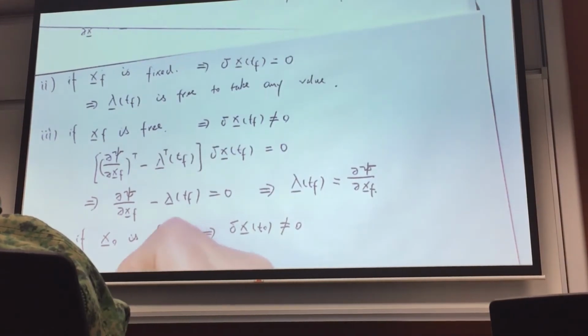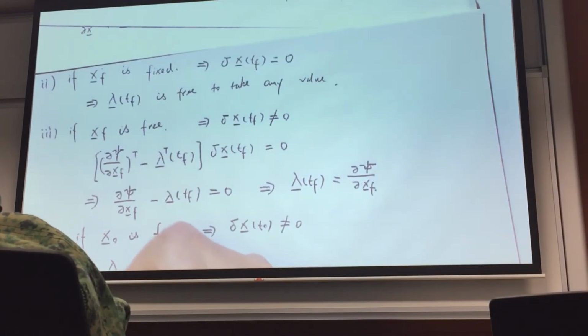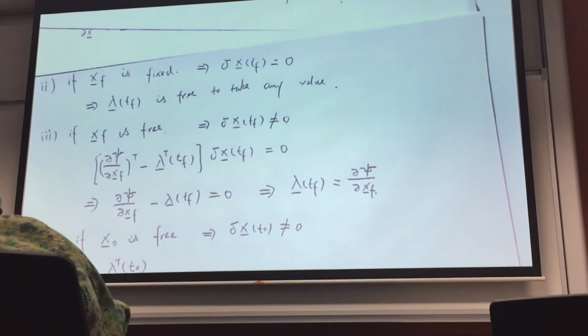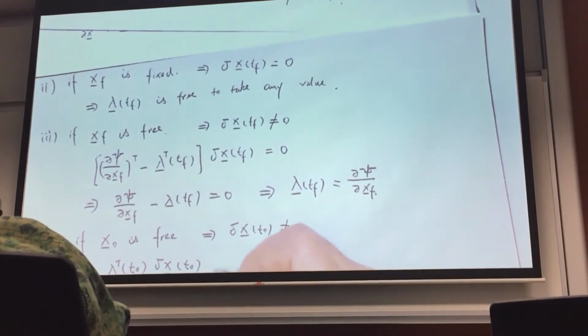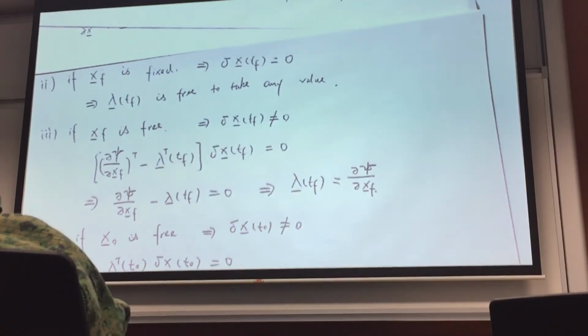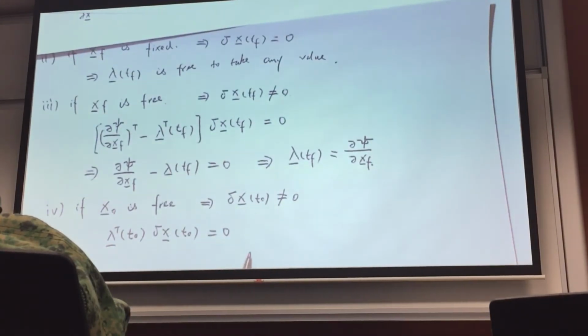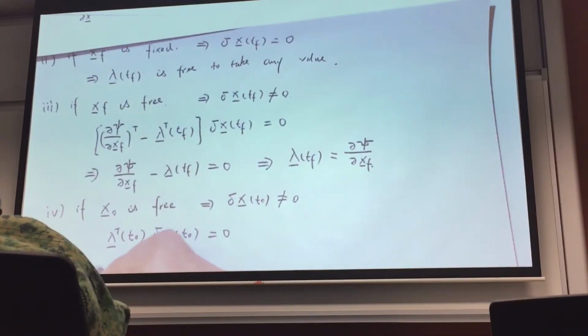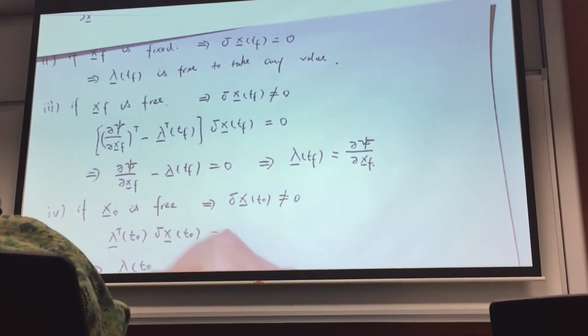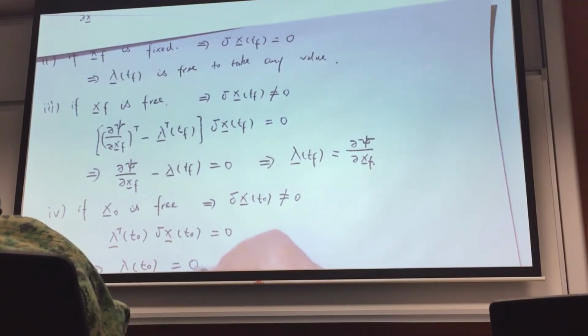So in order to make this lambda transpose t0 delta x0 equal to 0, we must set this lambda t0 equal to 0.